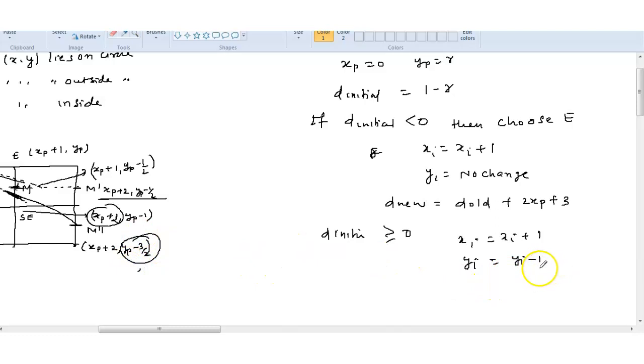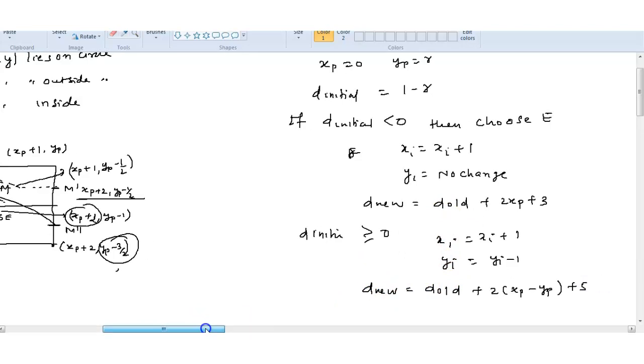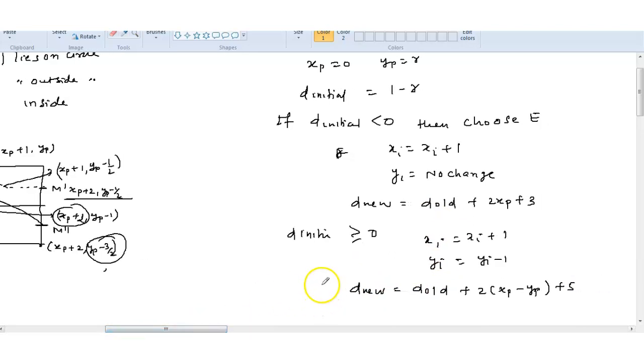So y will decrement by 1, and the next d new will be d old plus 2 times of xp minus yp plus 5. So this is the whole algorithm. You have to continue till your x coordinate is either greater than or equal to y. Okay, we'll see the example here.